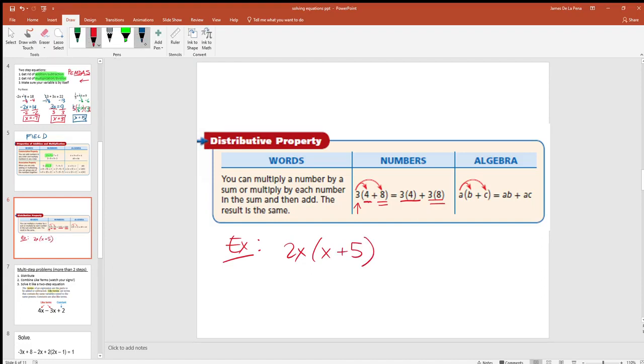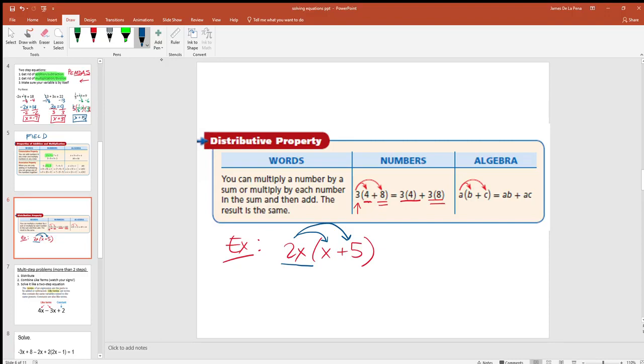When we have our parentheses like that, we want to distribute this value. So we have 2x, and I usually call them the little rainbow marks. You make a little rainbow shape here. You multiply the 2x first times x, and then you multiply it again, the quantity times positive 5.